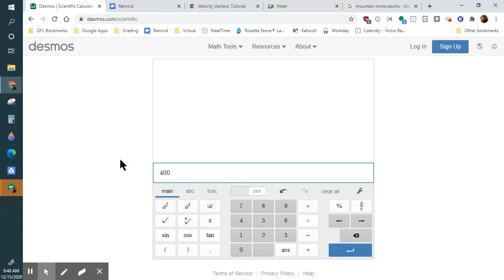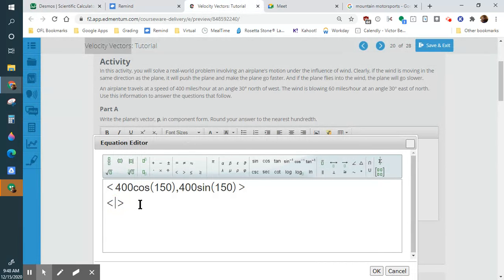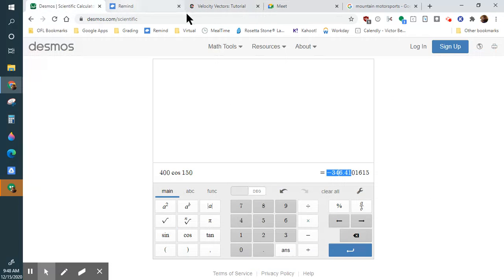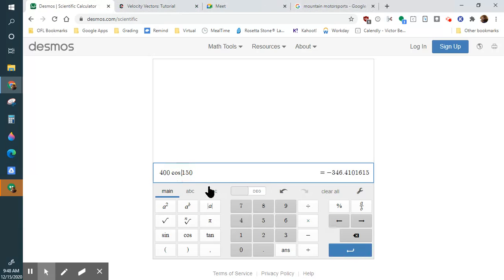Oh, you know what? The speed was different. Okay, so negative, and luckily I can just copy and paste that because it doesn't round up. I'm going to paste it here, comma, and then do the same thing for sine. So give me a second here.